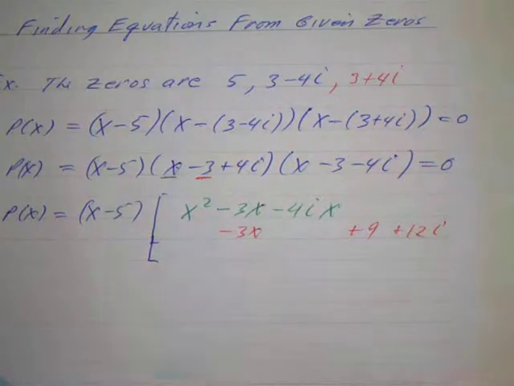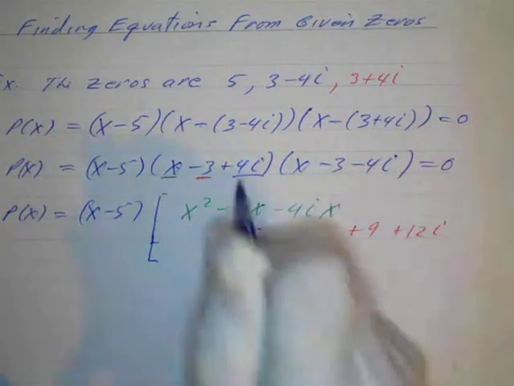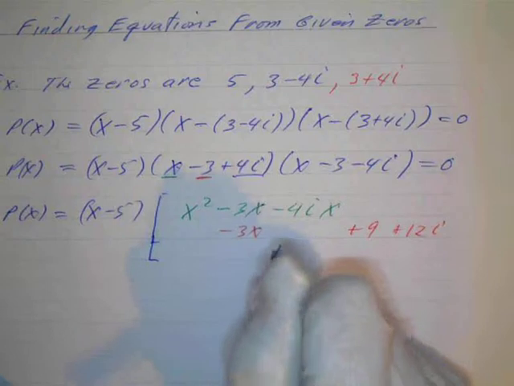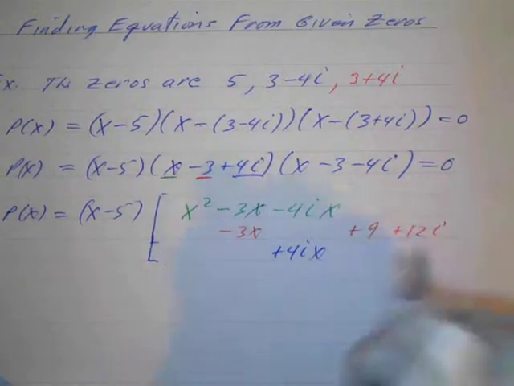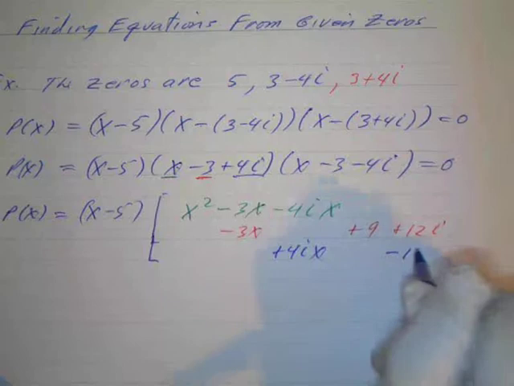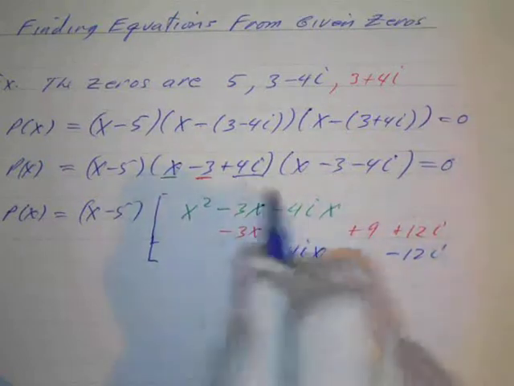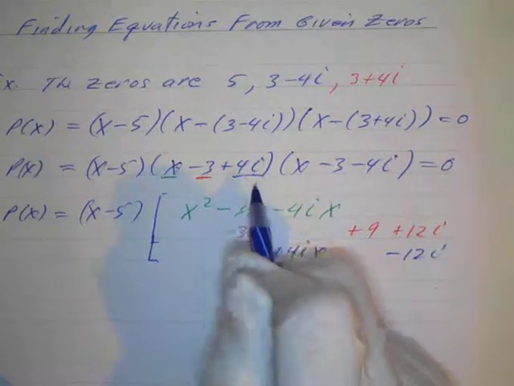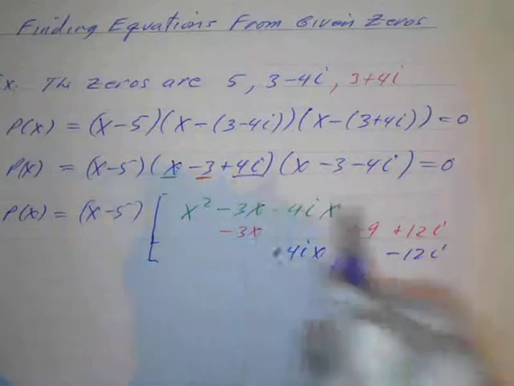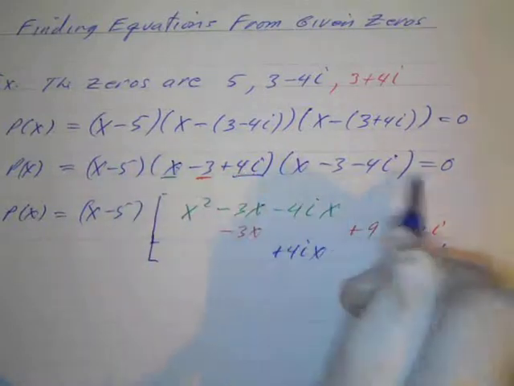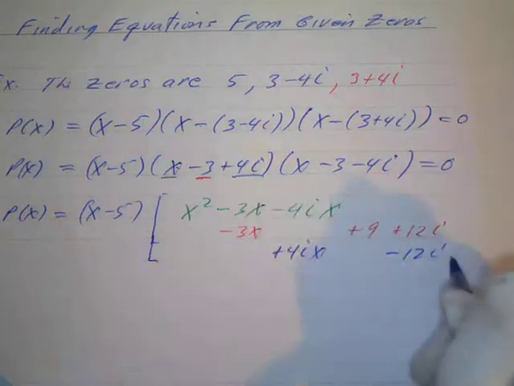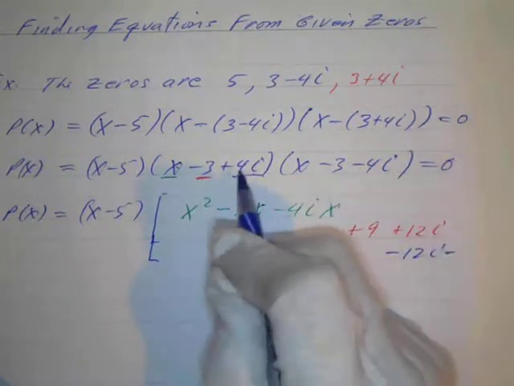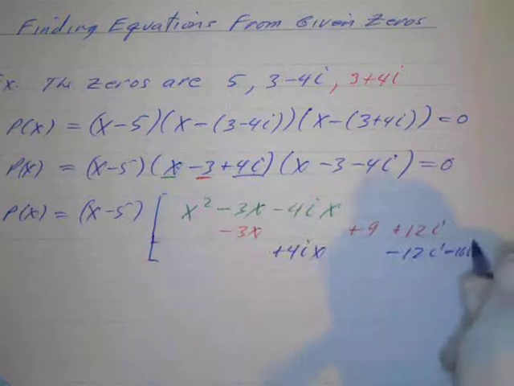Okay, and then last, I'll multiply everything by 4i, so I've got positive 4ix, and then negative 12i, so I'll write that over here. And then finally, positive times a negative is negative, so it's going to be negative, and I've got to write it over here, and it's going to be 16i.